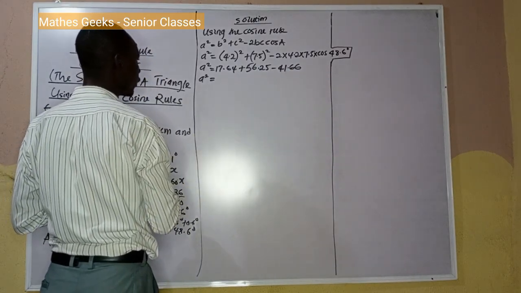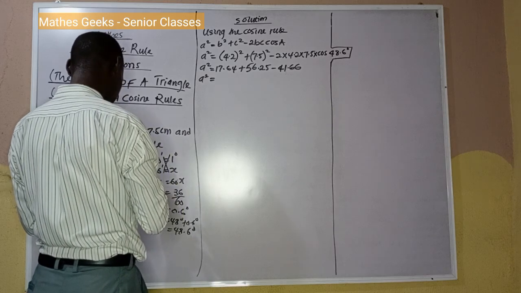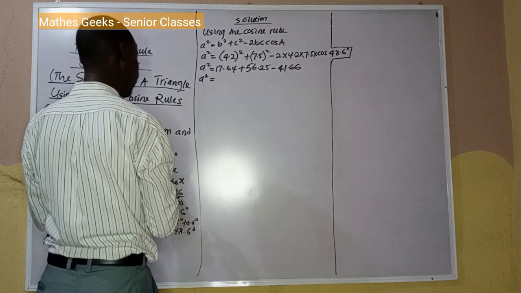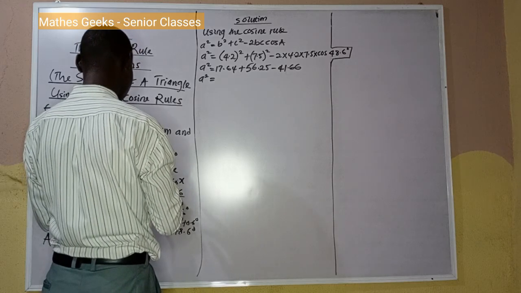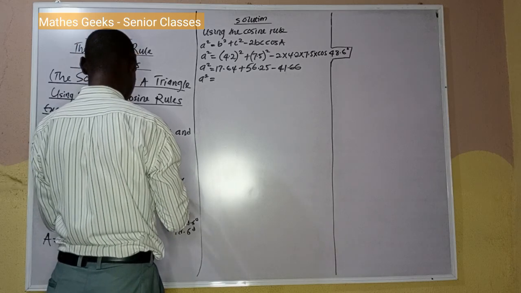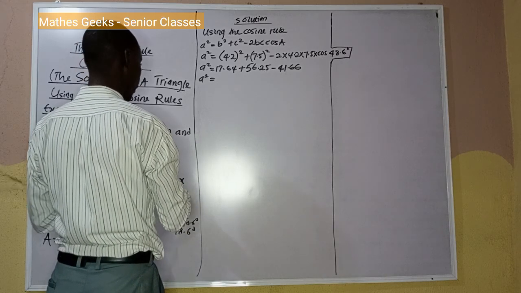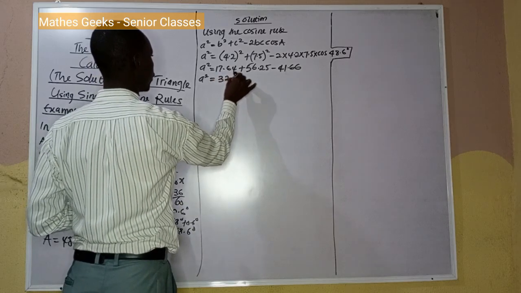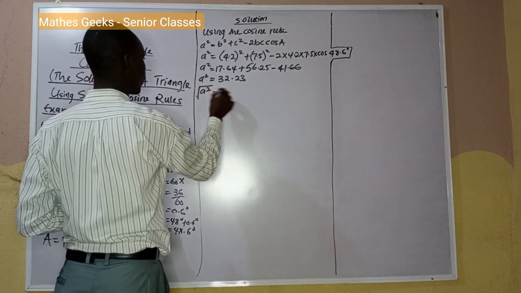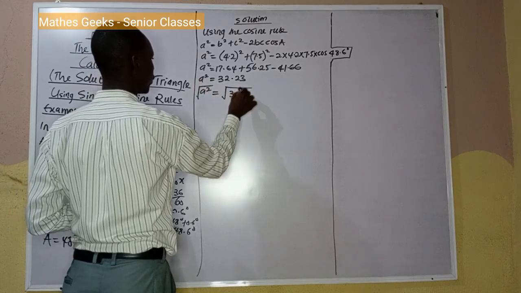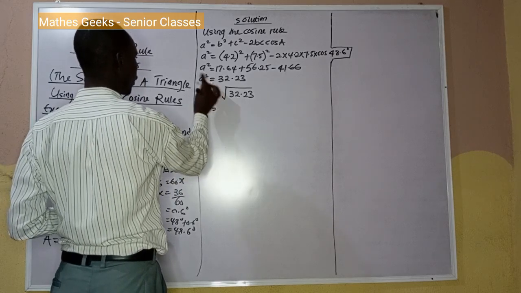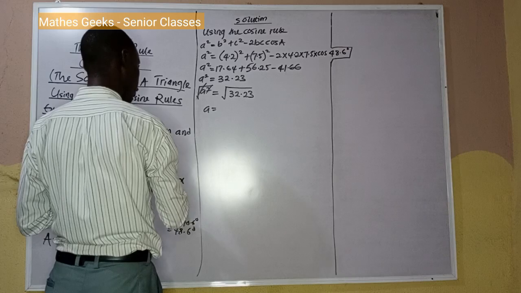So a squared is 17.64 plus 56.25 minus 41.66, which is 32.23. Taking the square root of both sides, a is the square root of 32.23.